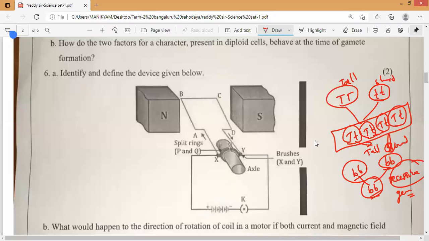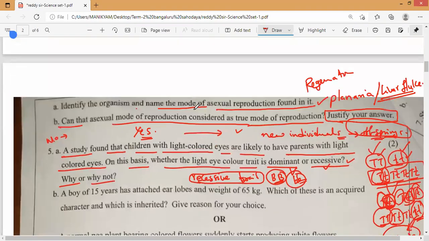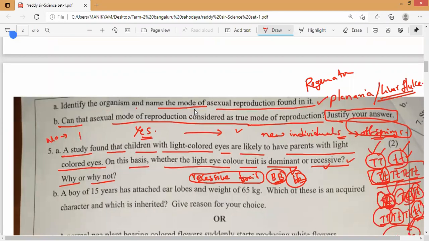If it is a dominant gene, then only one parent has blue eyes and the other parent has some other color. For example, suppose the father has blue eyes and the mother has black eyes. If the baby gets blue eyes, then blue is the dominant one, because it is dominating the black from the mother's eyes.